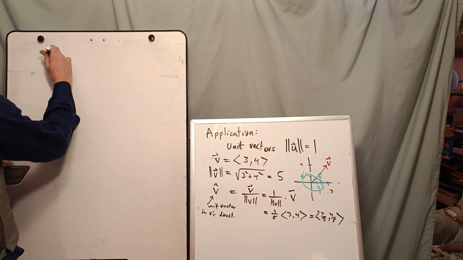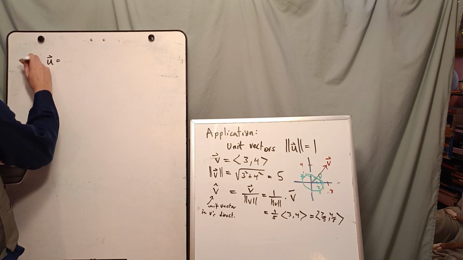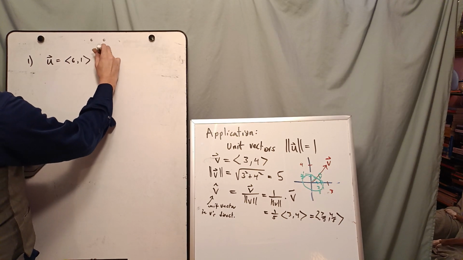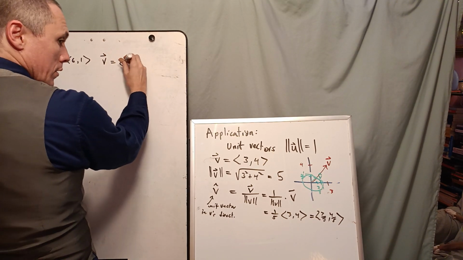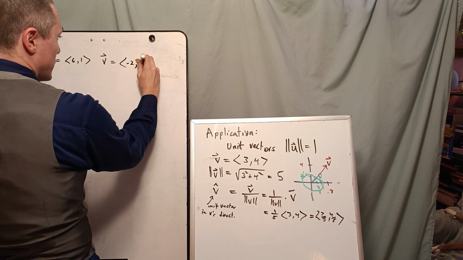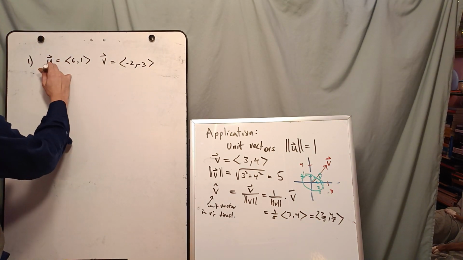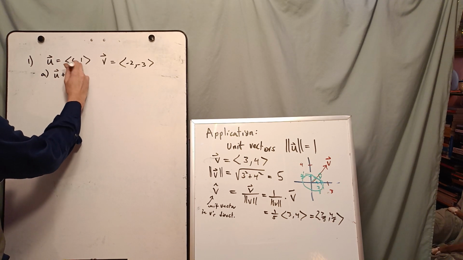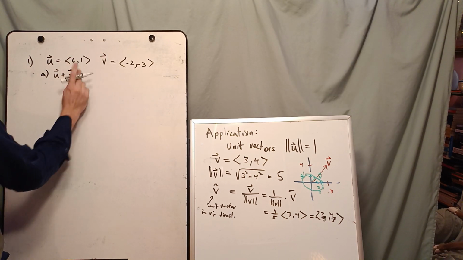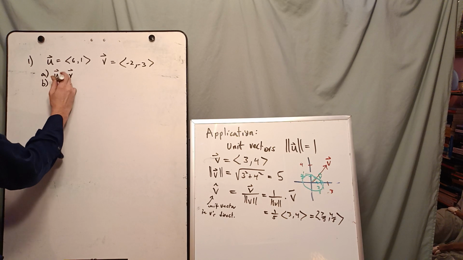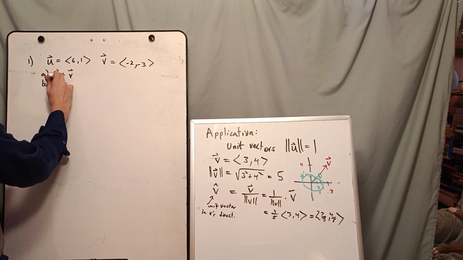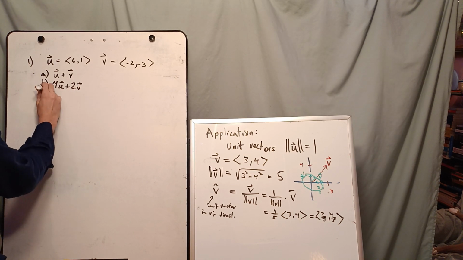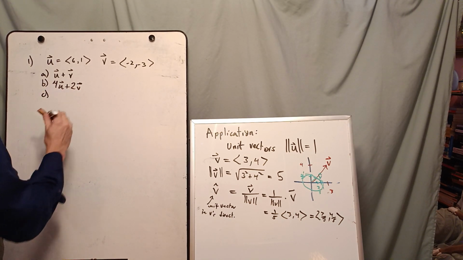But let's let, number 1, let u be equal to 6, 1, v be equal to -2, -3. And now tell me the following things. What is u plus v in component form? I want the component form. What is 4u plus 2v? What is -u minus v?